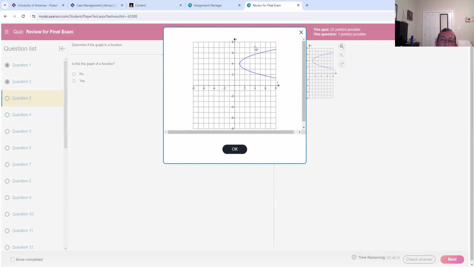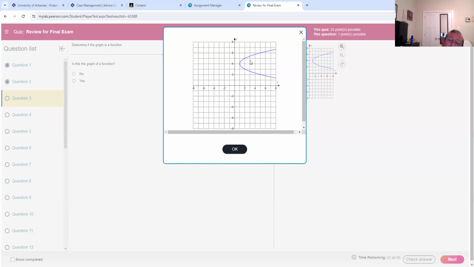And y'all remember one thing on this, I would use the vertical line test. So, ooh, I got yeses and nos. So remember, if this is a function, a vertical line cannot intersect this graph more than once.